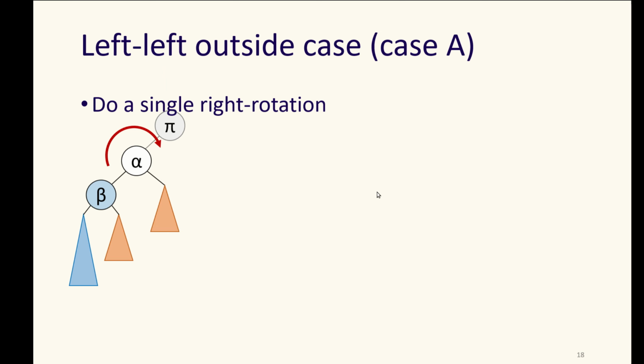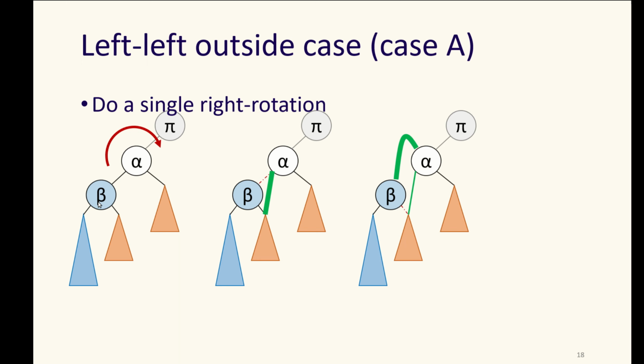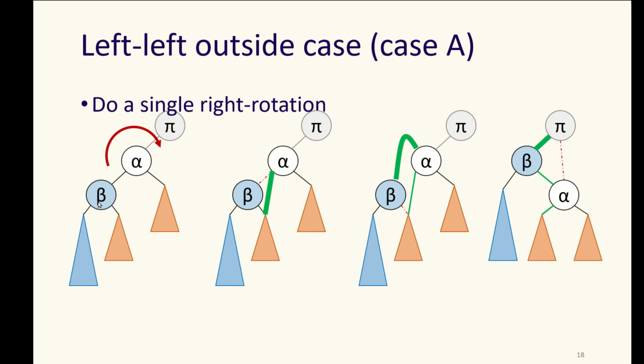For example, if we handle the left outside case, the left subtree of the left child of alpha, then we can do a single right rotation, and that will improve our balance again. So we grab beta, the right child of beta, and we will attach that to alpha's left child, and then we will shift beta up into alpha's place and attach beta to alpha's parent, which is marked as pi here.